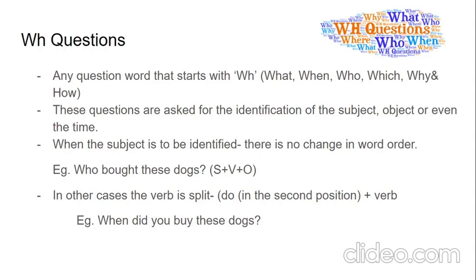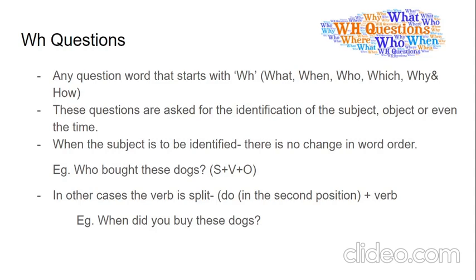So when you are asking such kind of a question where you want to identify the subject, there is no change in the word order. The usual word order in a sentence is the subject plus verb plus object. Here you can see that who bought these dogs. So you have a subject, you have a verb, and you have an object where you're trying to identify the subject.